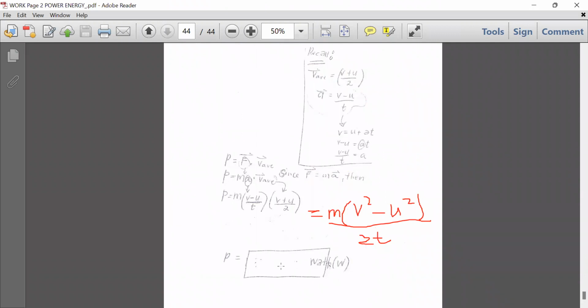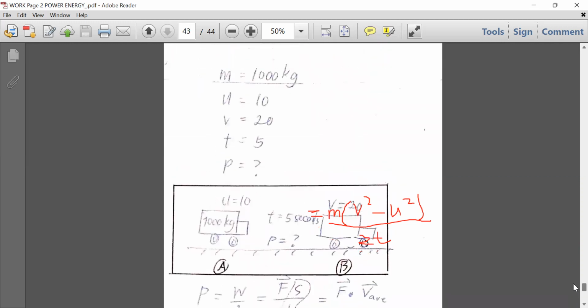Okay, so what's the power after 5 seconds? Let's solve that. V squared minus U squared: 20 squared is 400, minus 10 squared, that's 100.